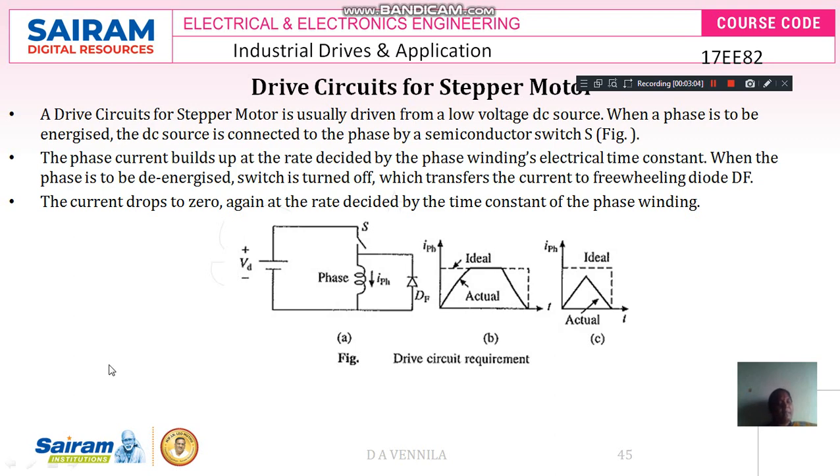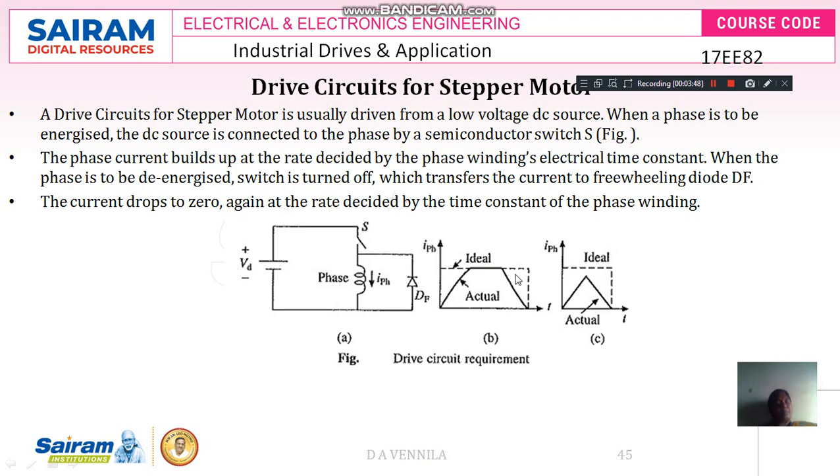In order to maximize the torque capability of the stepper motor, the drive circuit should be such that the current builds up and decays as fast as possible. This is especially important when high stepping rates are required, and the steady state should not be reached.